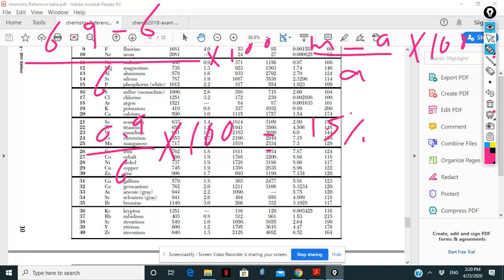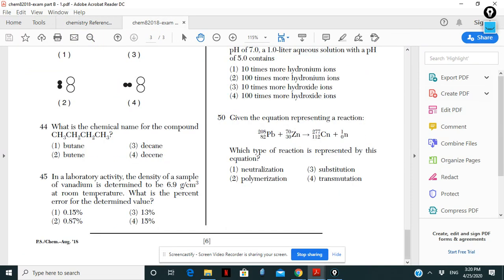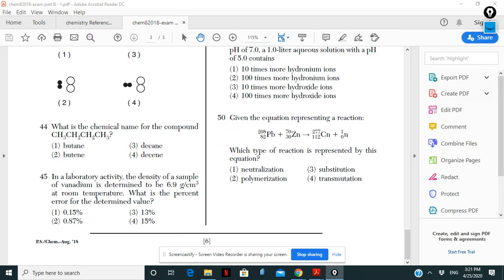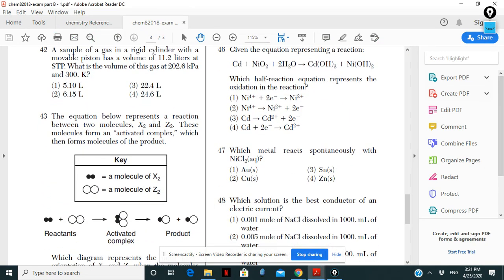So the answer in that case is 15%, number 4. That's question number 45. Now, question number 46.